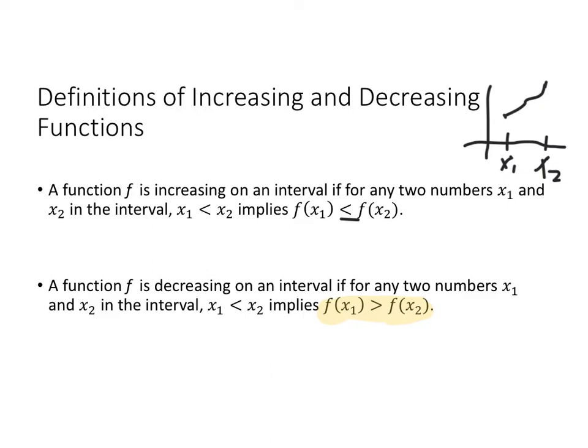So, again, if I were to draw that, we have any two x values, x1 and x2, then f of x1 must be bigger than f of x2, so it has to be decreasing in order to go down. Increasing, decreasing function.